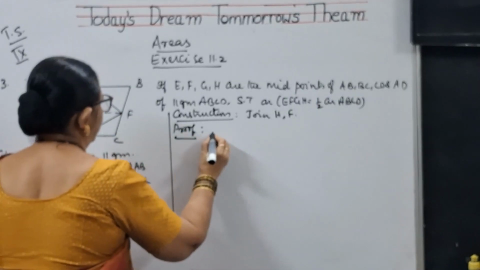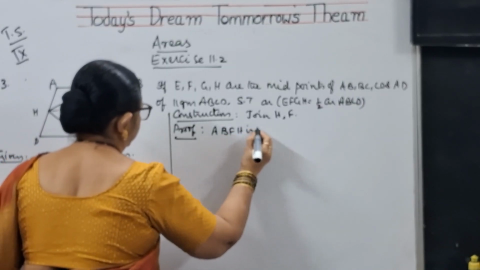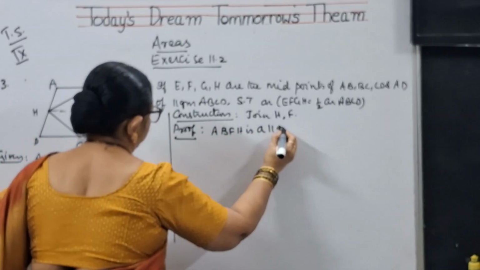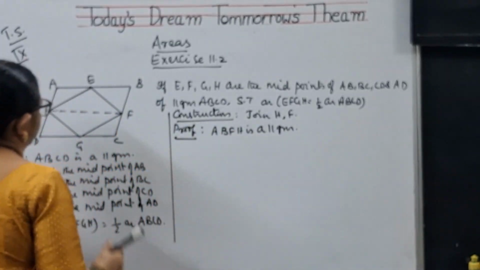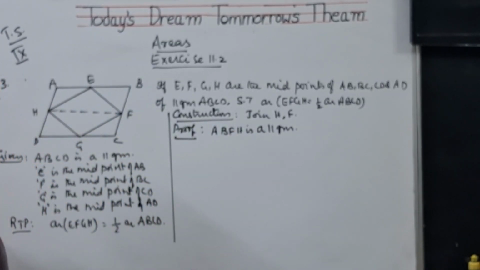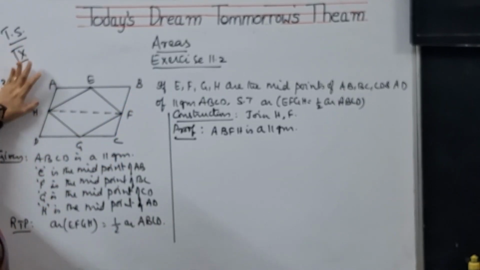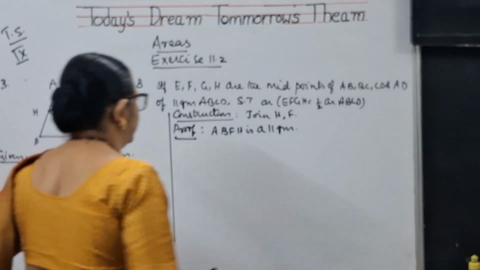ABFH is a parallelogram. Why are you saying this as a parallelogram? Because F is the midpoint of BC and H is the midpoint of AD. Why is it?